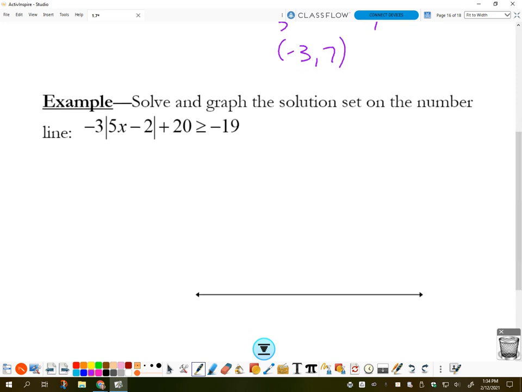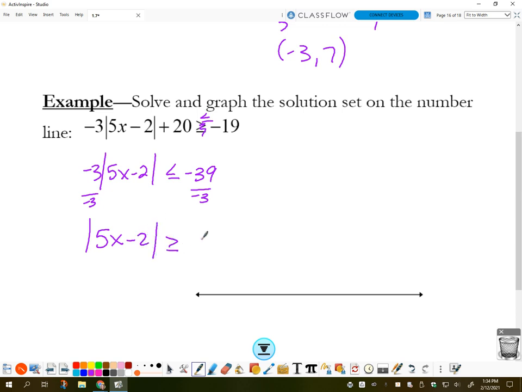Okay. So for this one, first of all, you have to have absolute value of itself. So we're going to subtract the 20. Divide by the -3. I want this to be a greater than, so I'm going to make it a less than in the first place, because when I divide by the negative, it's going to flip, and I want you to see one of those.